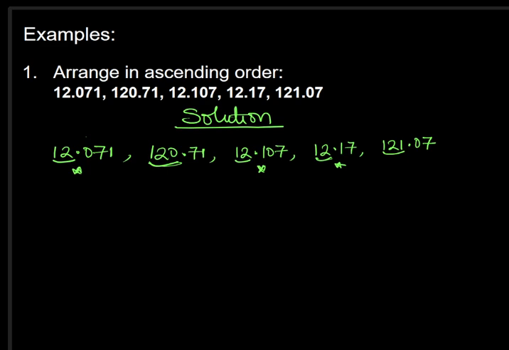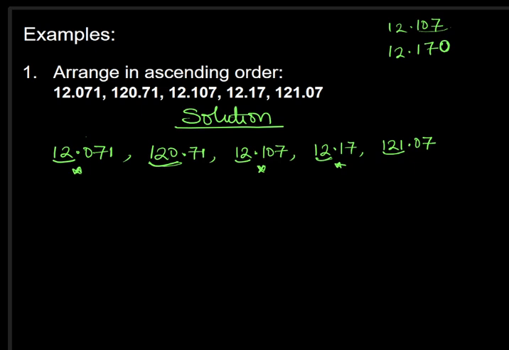For example, if I have 12.17 and another number 12.107, and you say this fractional part is 107 and this one is 17, so this is bigger than this, that is wrong. Because this one that is 17, if I add 0 to it, it's still the same number, I have not changed it. So I've made this one 3 digits and this one 3 digits.